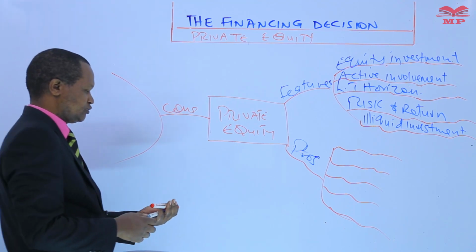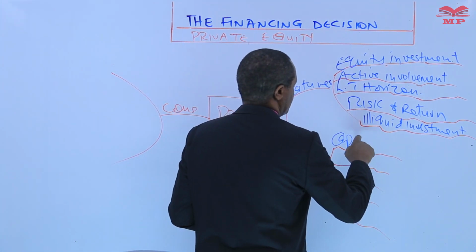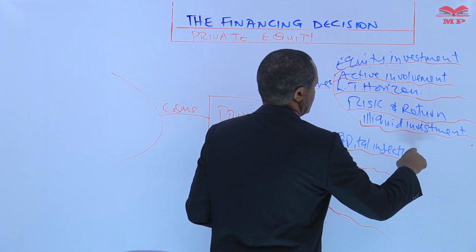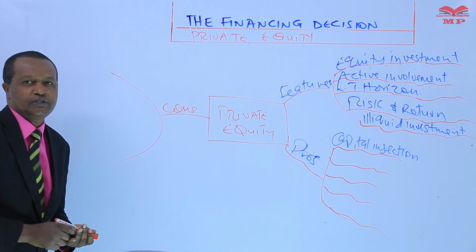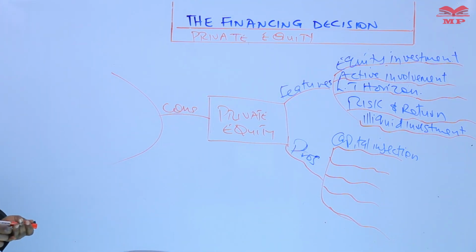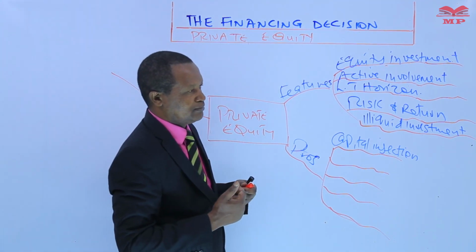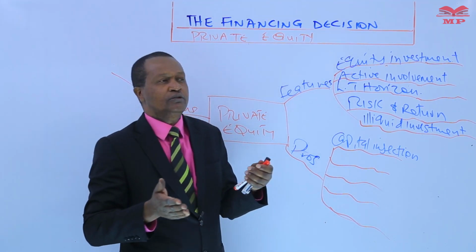The first advantage is that one related to capital injection. What does that mean? Private equity provides significant capital injections into a company and thereby supports the company's growth.